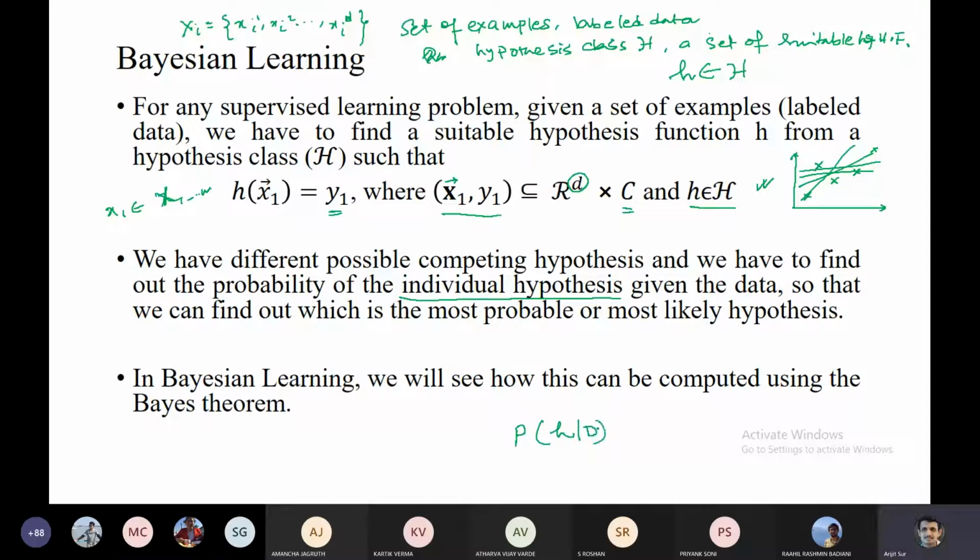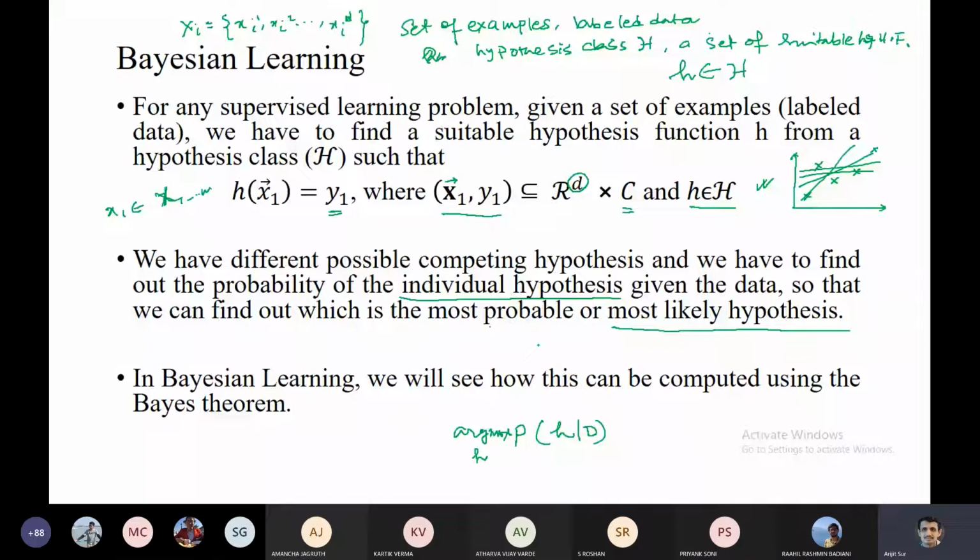That is to be maximized, so this is the concept that for h, this is maximized. We'll come to what this is. So that we can find which is the most probable or most likely hypothesis. This is very important here.